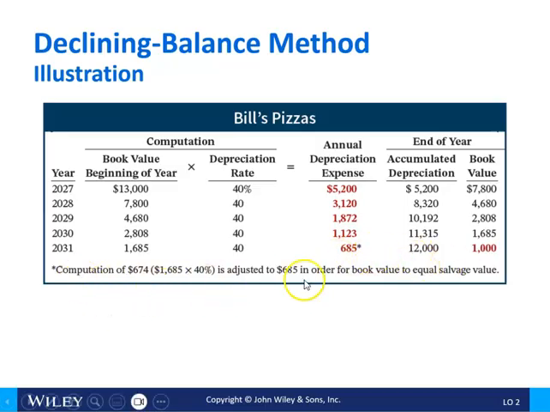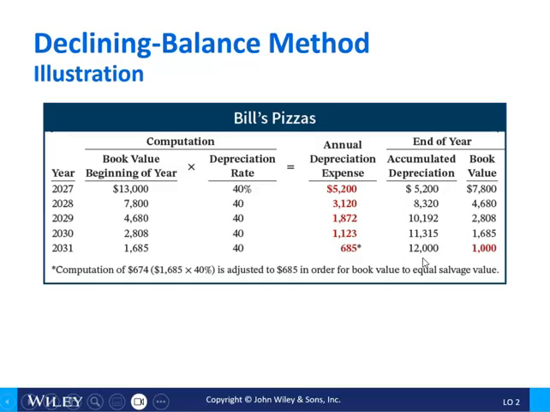And this note says down here that if we did the calculation, 1,685 times 40%, we would come up with $674 of depreciation. But that wouldn't get us to exactly 12,000 of accumulated depreciation and 1,000 of book value. So we adjust that in the final year to make the numbers what it needs to be.